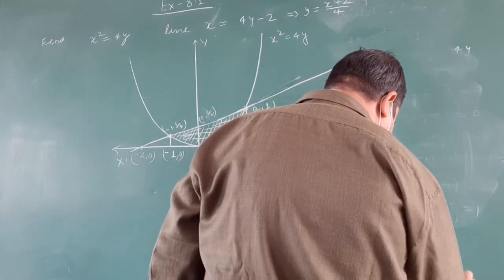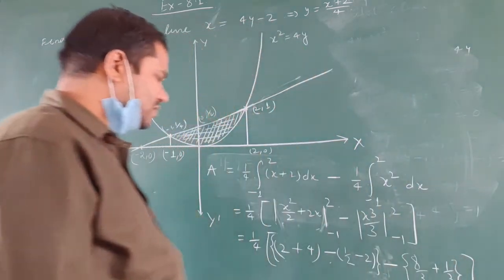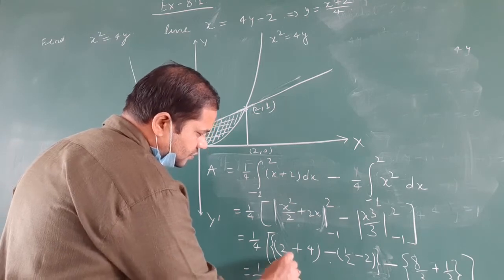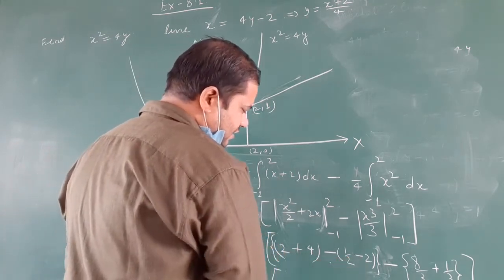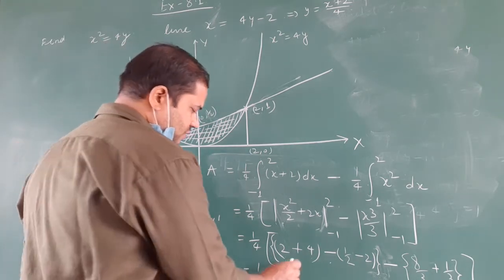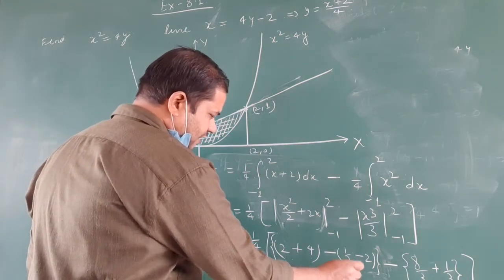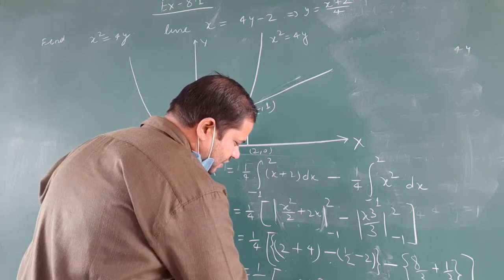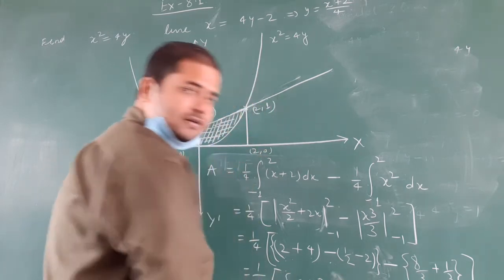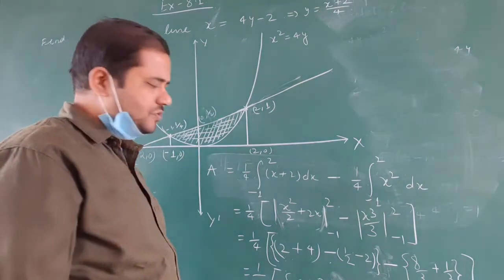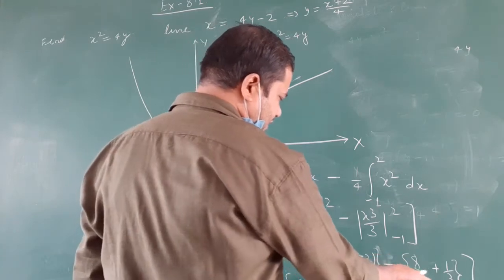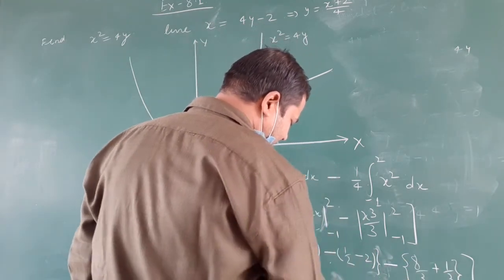So this is 1 by 4 whole, 2 plus 4 is 6 and this is 3 by 2 minus 3 by 2, so 6 plus 3 by 2, and this is 8 by 3 and 1 by 3, 9 by 3, this is minus 3.